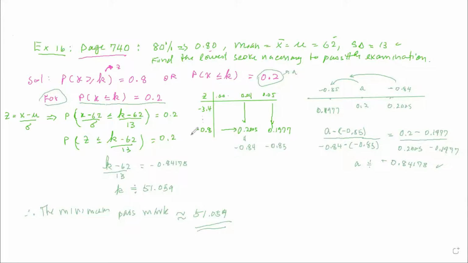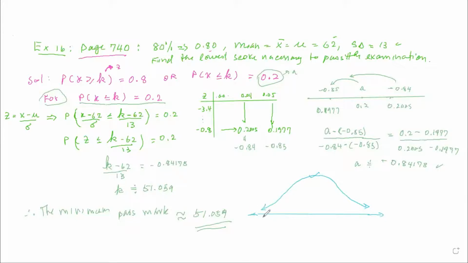Because you work from less than, if you plot the graph, you have the normal curve, and both sides have arrows because they go to infinity.